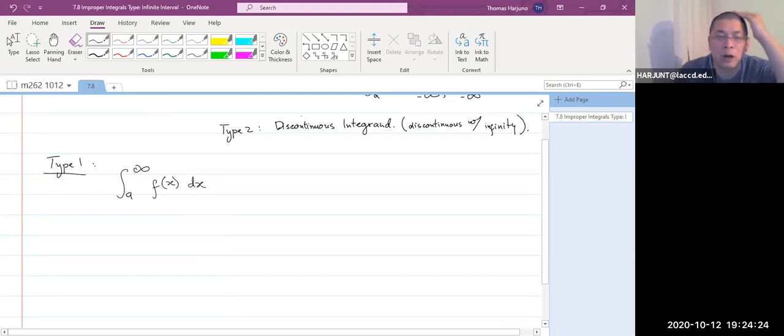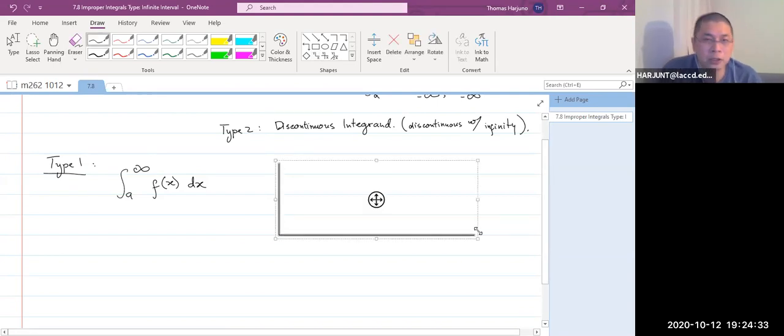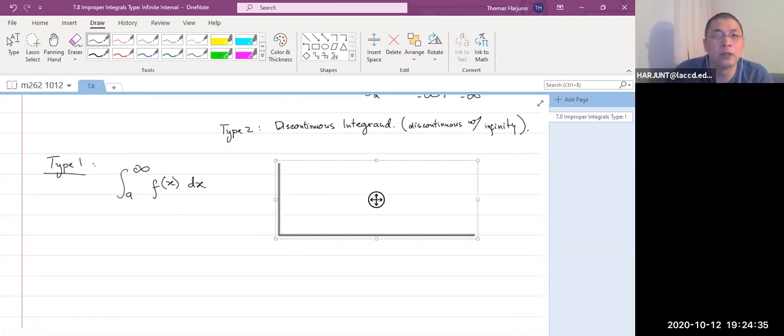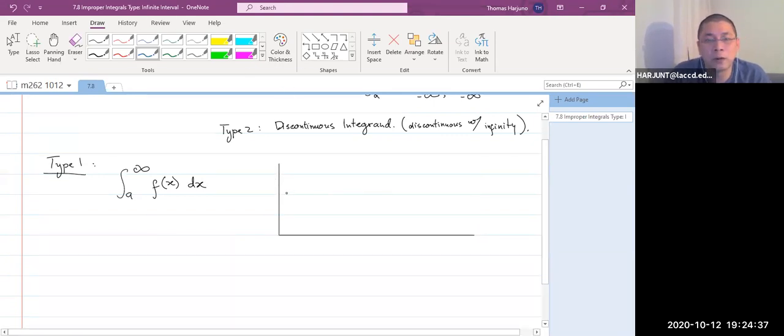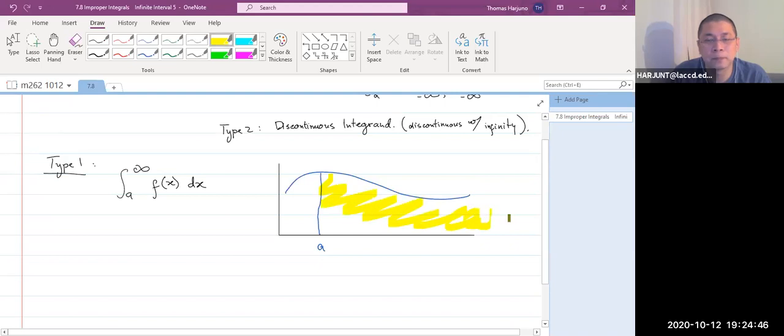This integral represents the area under the curve from a to infinity, if the function is non-negative.